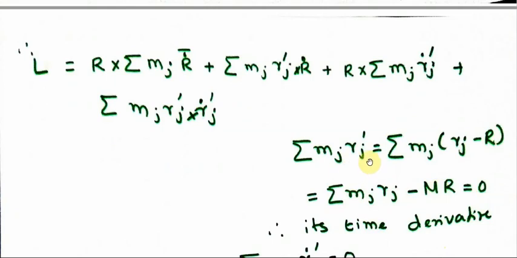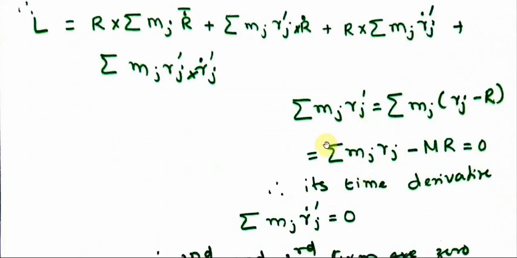If this is equal to 0, the time derivative of the sum over mj rj prime, that is mj rj prime dot, will also be equal to 0. Sum over mj rj prime is 0, therefore its derivative is also equal to 0. So the term containing sum over mj rj prime dot will vanish, and these two terms will be equal to 0.